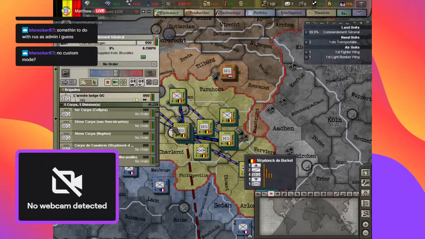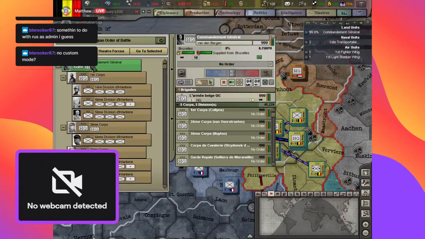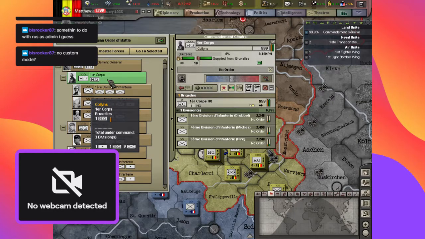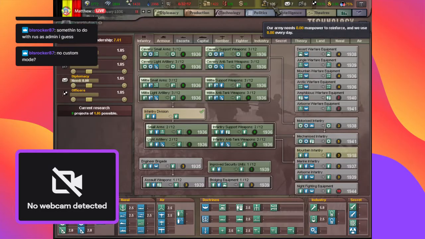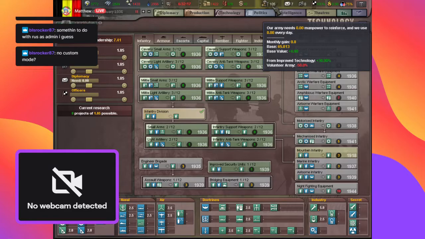Okay, so what I like to do is, normally you're supposed to keep the HQs because they give bonuses, but the problem for a smaller nation is they really can't, because you need manpower. Okay, how to explain this.